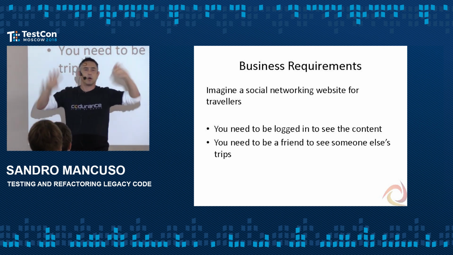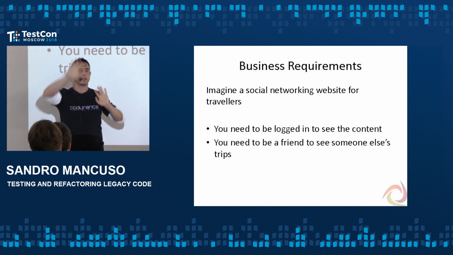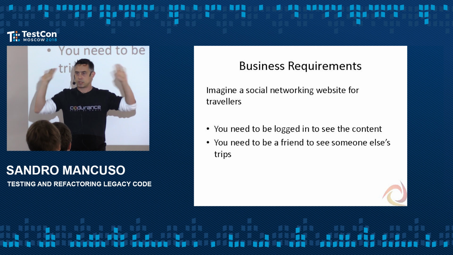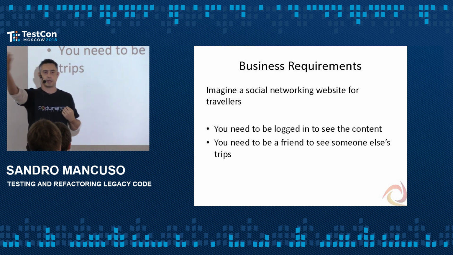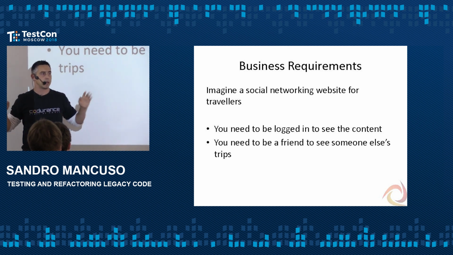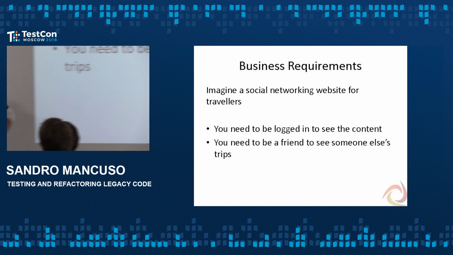The front end, hopefully, will catch that exception and redirect the user to a login page. That was the idea. But if I'm logged in, and I try to see the trips of another user, if I'm not friends with that user, I get nothing back. But if that user considers me a friend, I get a list of trips back. Yeah? That's what this code does.